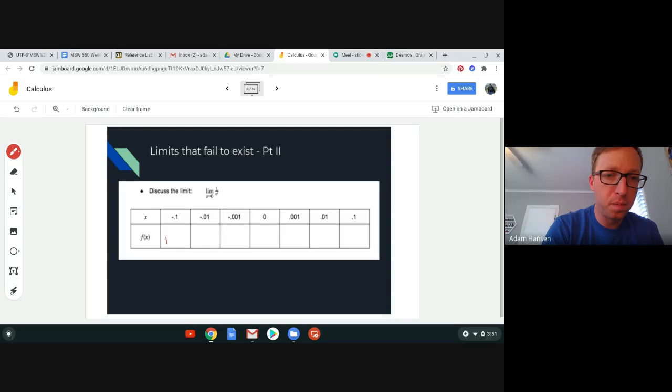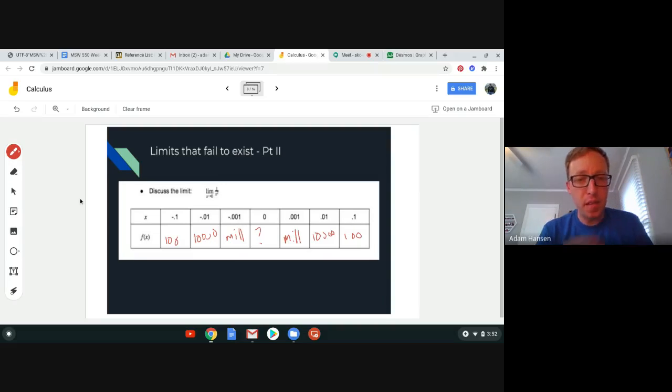100. And 1,000. And a million. Let's put mil. And based off of that table, we can see that the function has unbounded behavior.